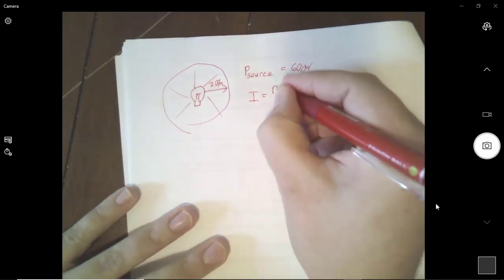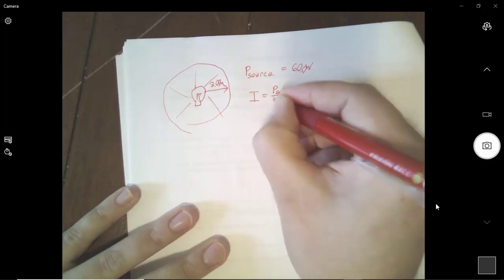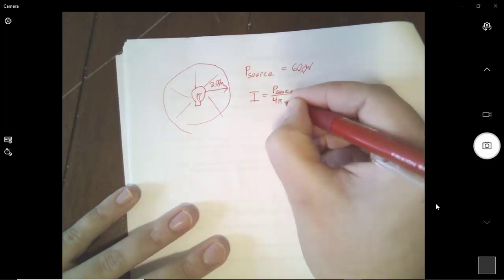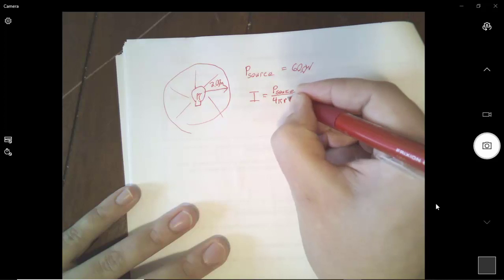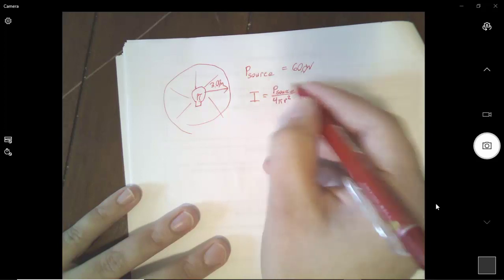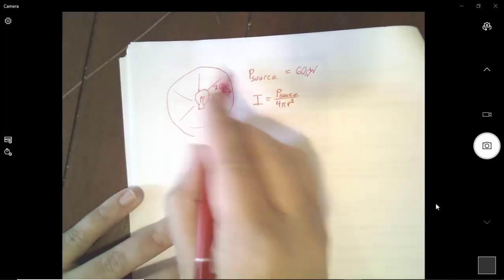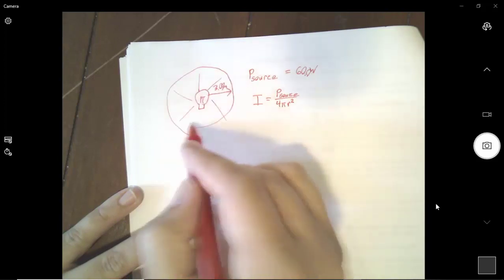And the way we'd calculate that is the power of the source divided by 4 pi, and then you divide also by the distance away you are from the source squared. And the reason for that is the total rate at which the source is putting out energy, which is the power, is being spread across a whole spherical shell of a radius r.